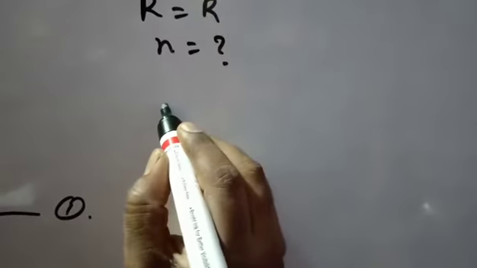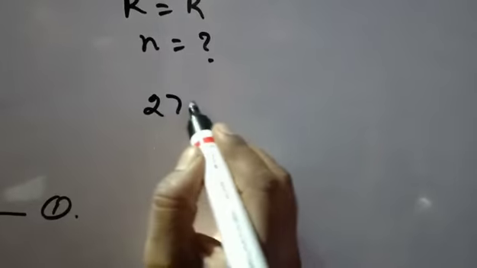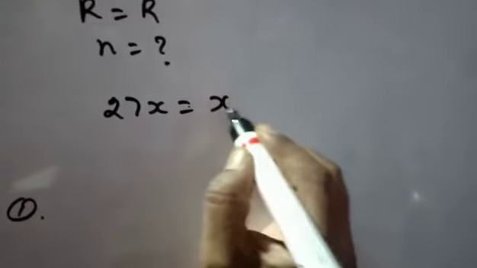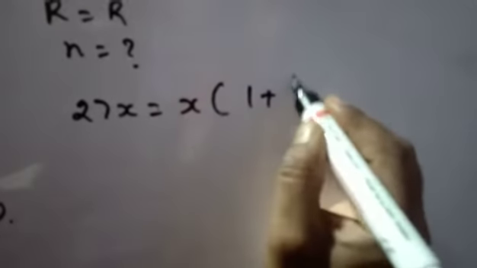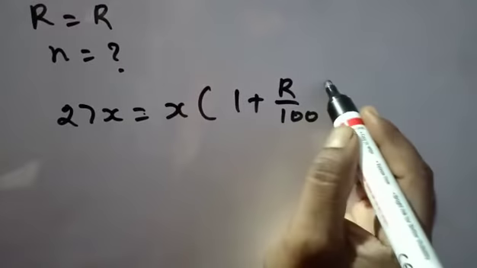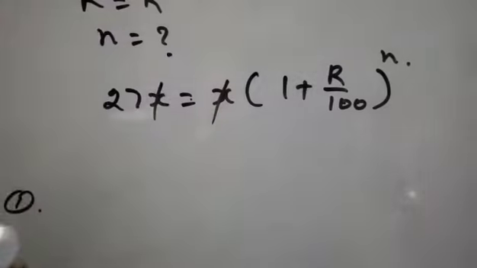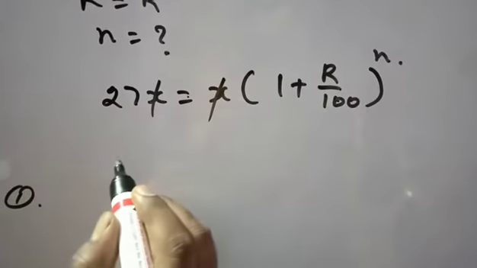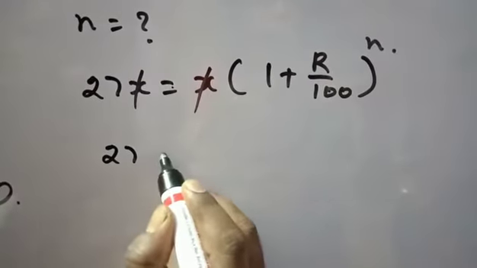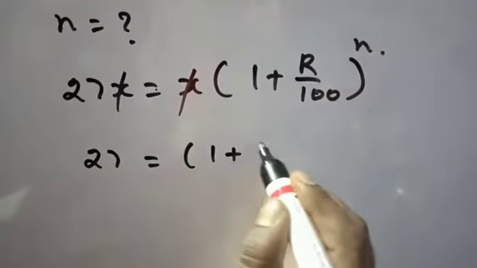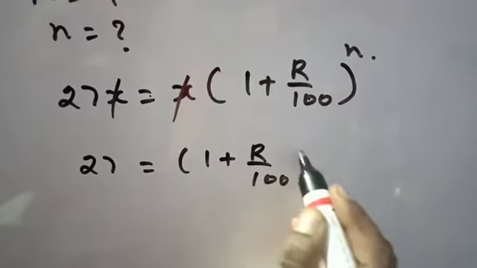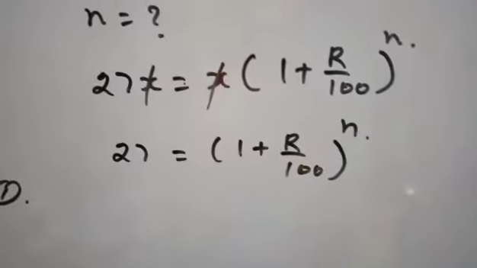So from the formula, amount equal to P into (1 plus r by 100) power n. So we have amount 27x equal to x into (1 plus r by 100) power n. So x be cancelled. So we have 27 equal to (1 plus r by 100) power n.